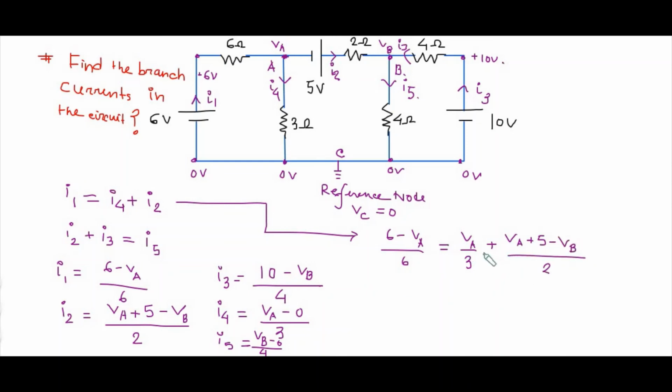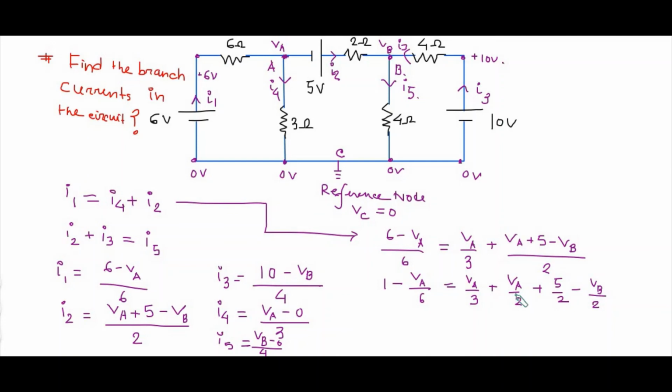So here we'll be getting a relation between points A and B. 1 minus VA upon 6 equals VA upon 3 plus VA upon 2 plus 5 by 2 minus VB by 2.